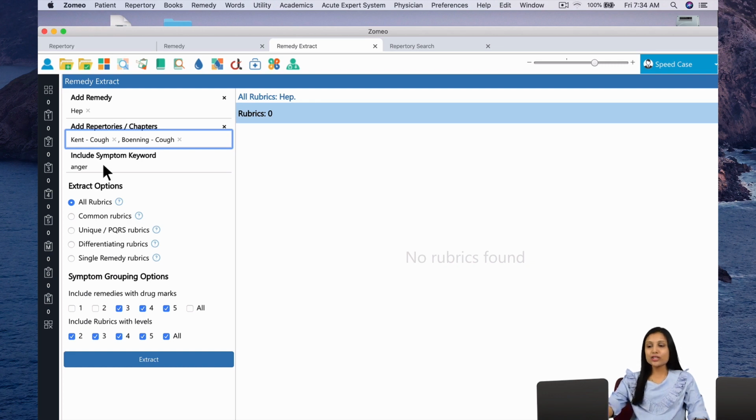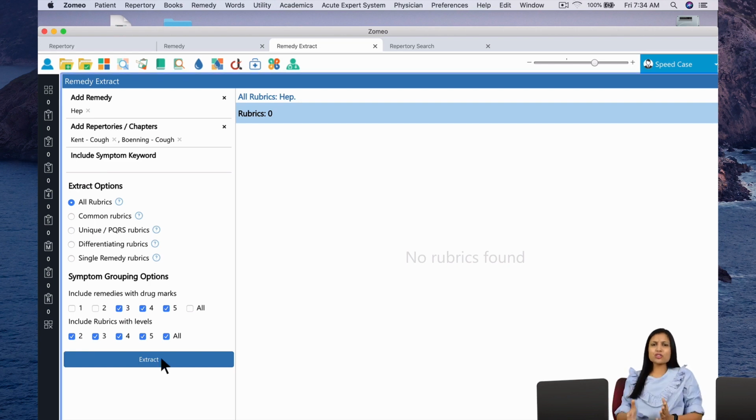Okay, we remove the symptom keyword of anger, and now in the extract options, because we know that Hepar will be represented in a lot of rubrics in the cough chapters, let me see only those rubrics in which Hepar Sulph occupies maximum gradation, that is 3, 4 and 5.